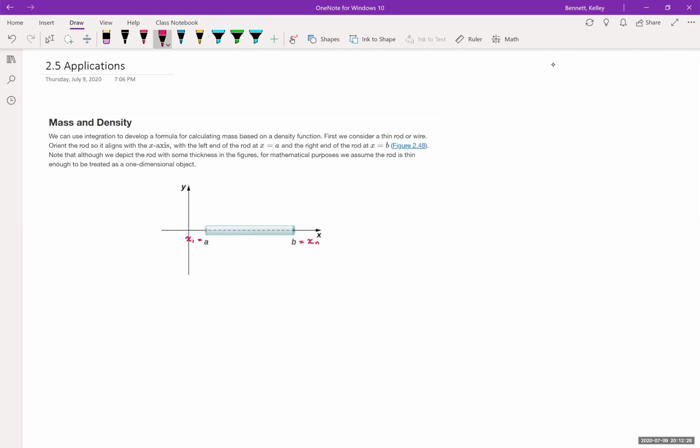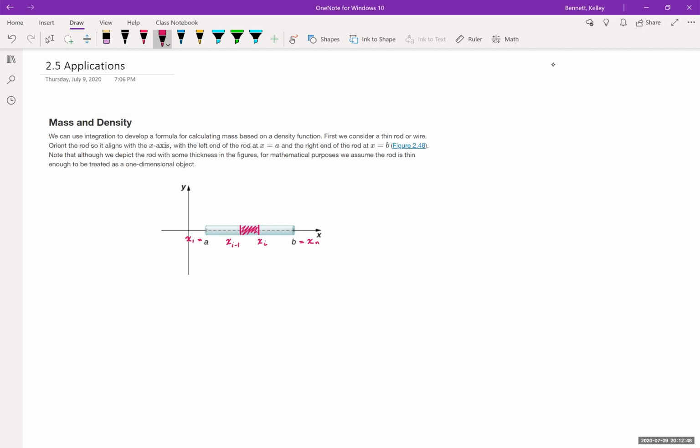And in between, granted this is supposed to be infinitesimally small, but we'll just have a partition here, so this will be x i minus 1 to xi. So it's just a general partition somewhere in the interval from a to b.